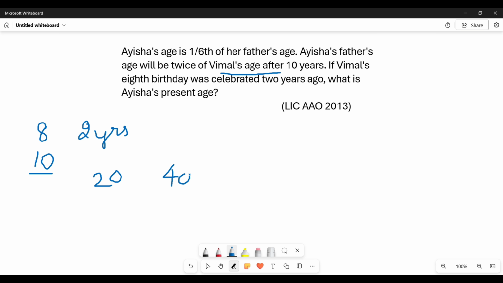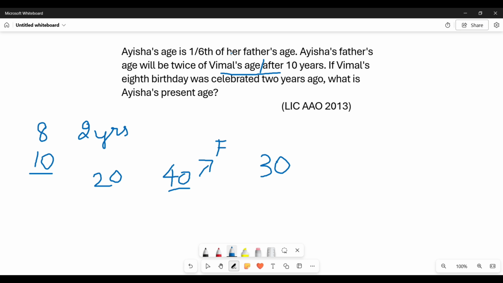So that is Aisha's father's age. But please note, this was after 10 years, right? So if after 10 years father's age is 40, at present father's age is 30.